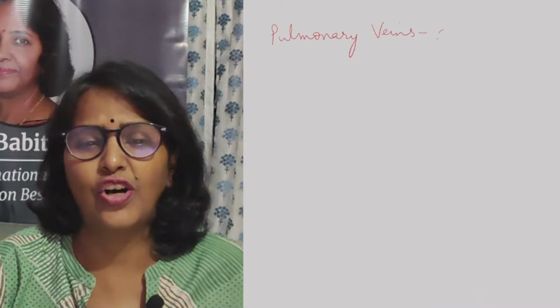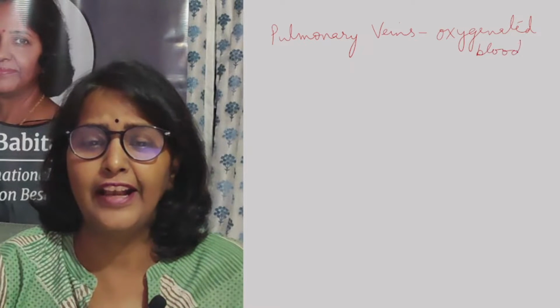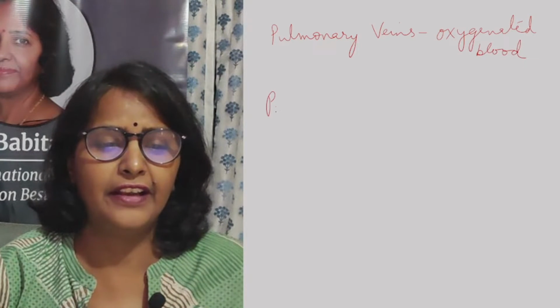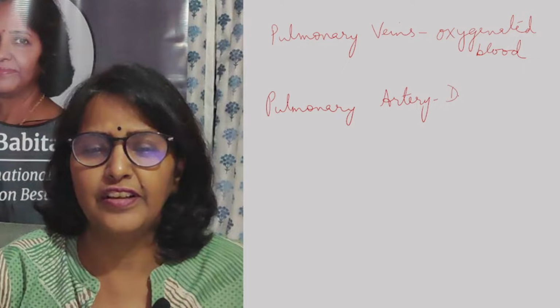So, in the last class I had told you pulmonary vein and pulmonary artery are exceptions. You might have understood now. Pulmonary vein carries oxygenated blood, whereas pulmonary artery carries deoxygenated blood.